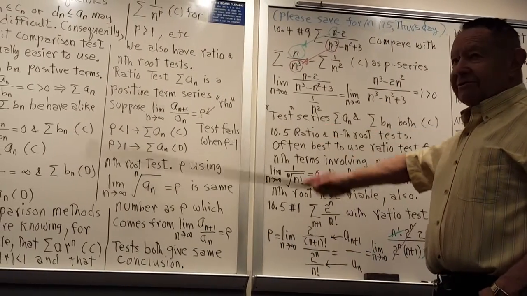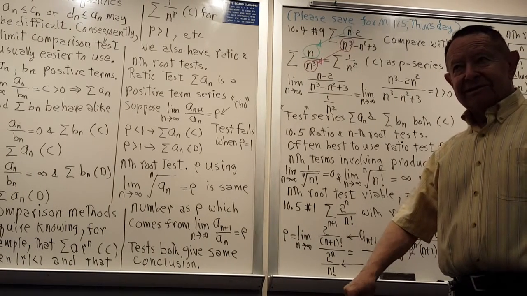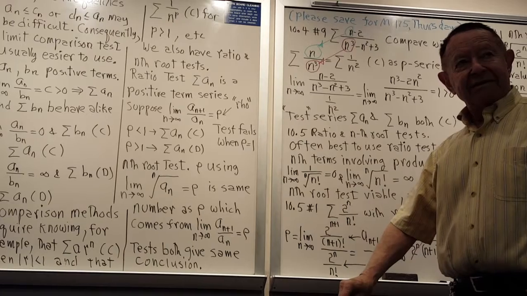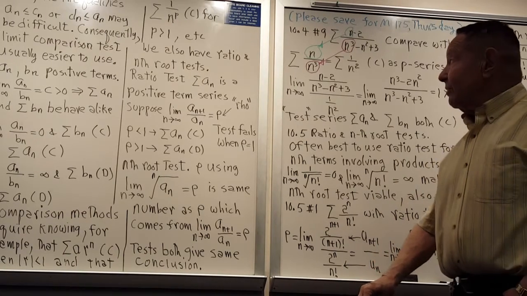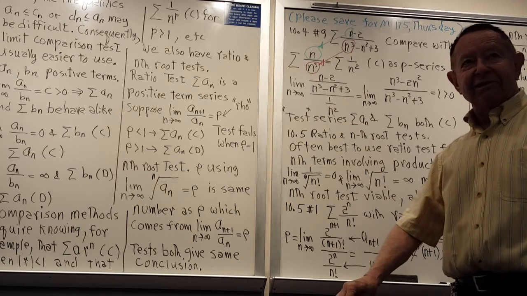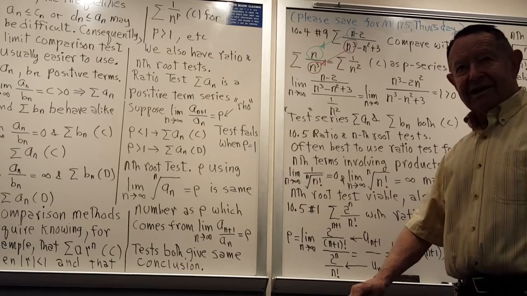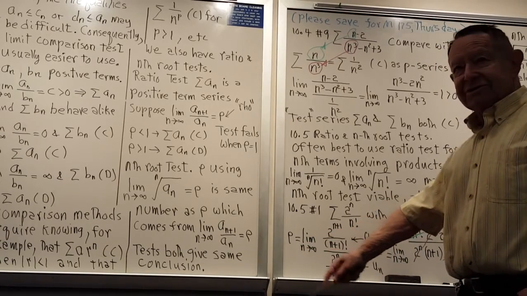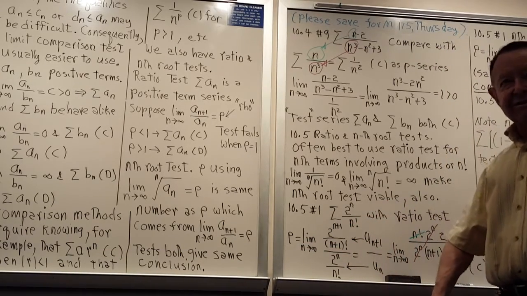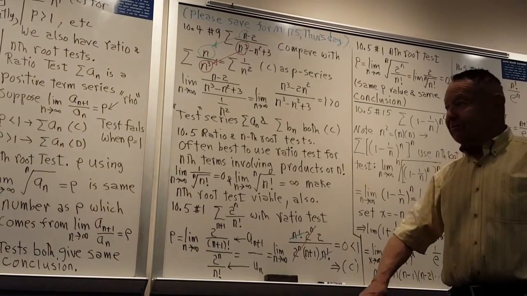So you can use the harmonic series as a comparison series if you're proving divergence, or the series like 1 over n squared or 1 over n cubed to prove convergence, perhaps, or you can use geometric series. These are the standard comparison series to work with.